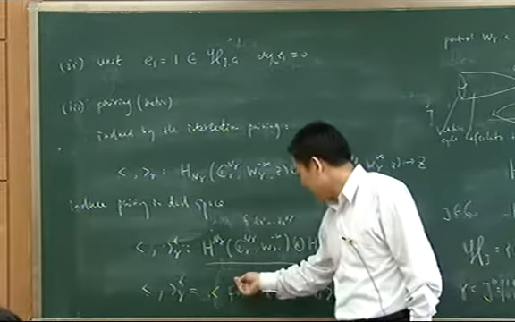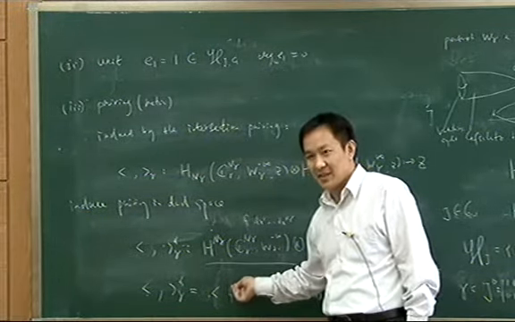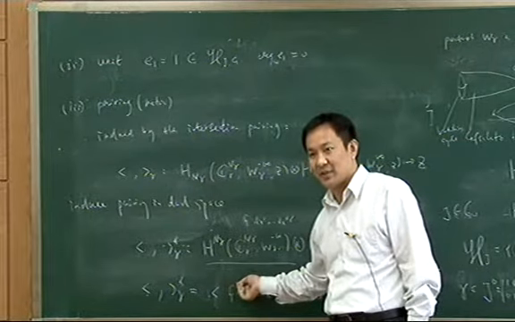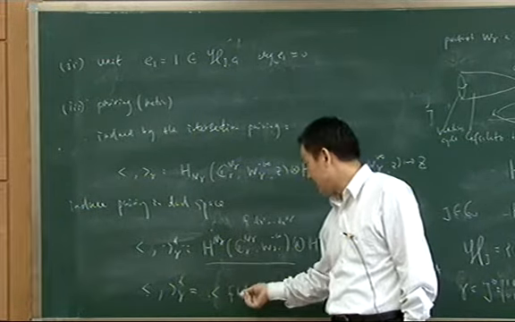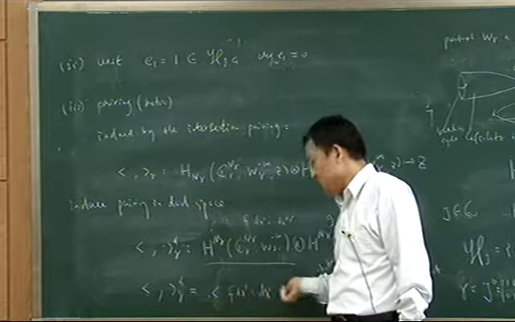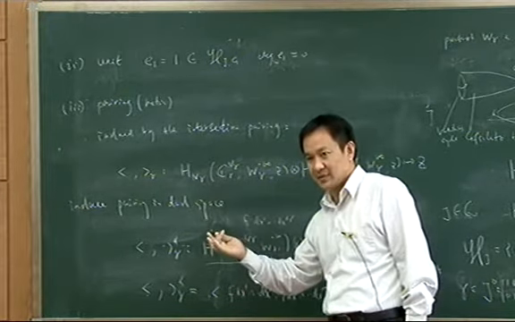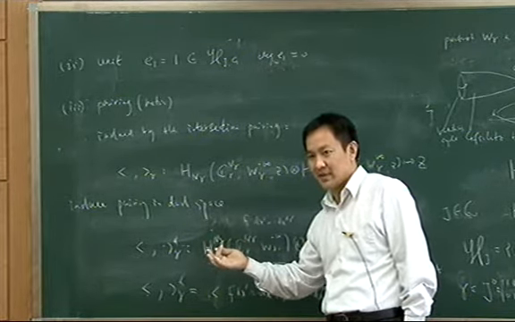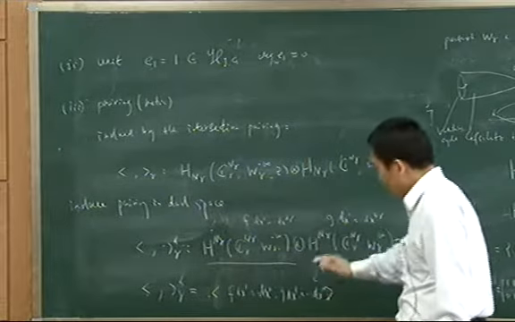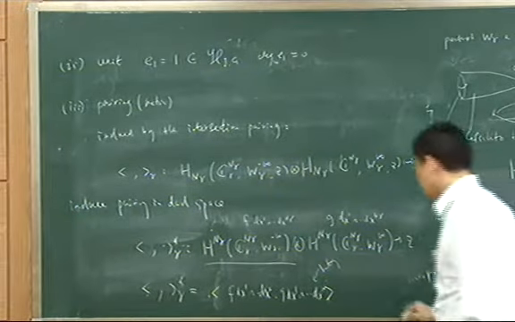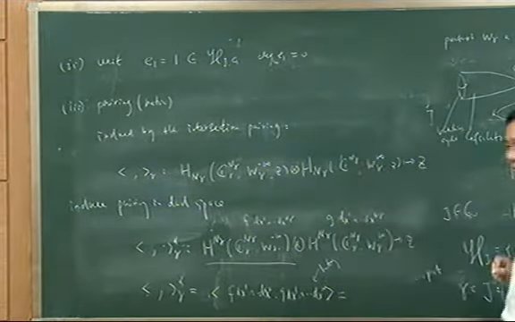Actually, here we should multiply by another function, an exponential function, such that those forms can be convergent in the infinite place. But I don't want to describe the detail.